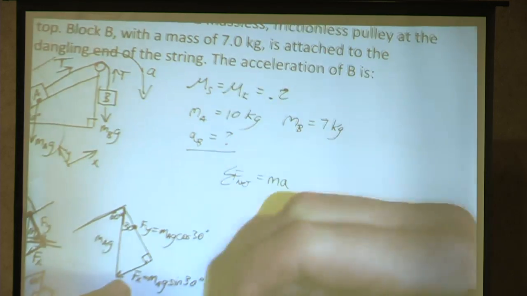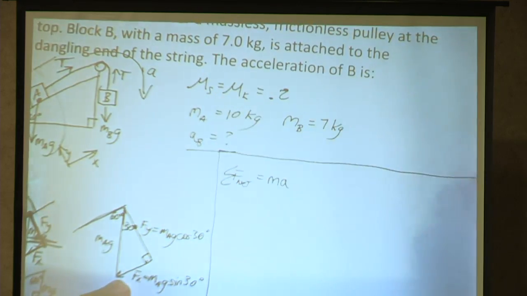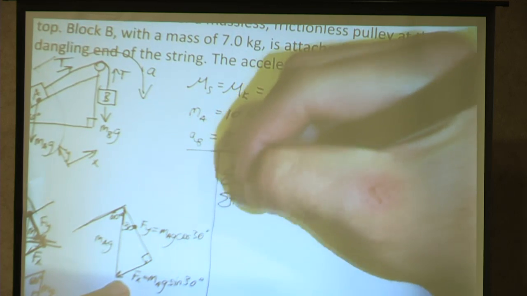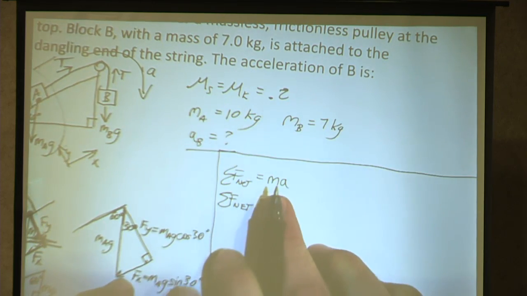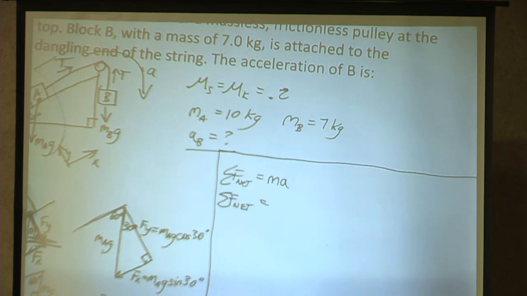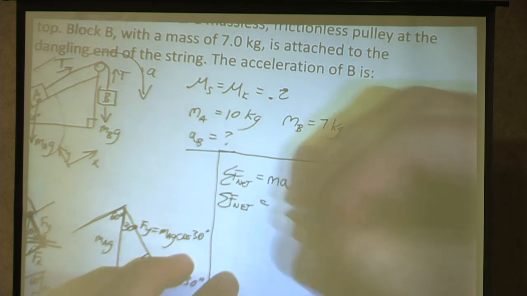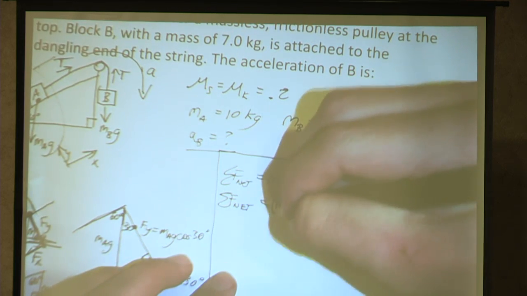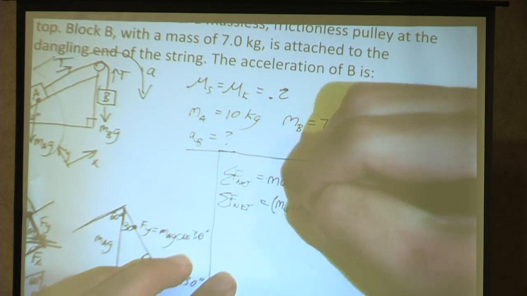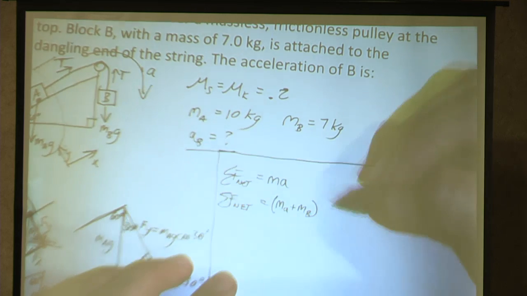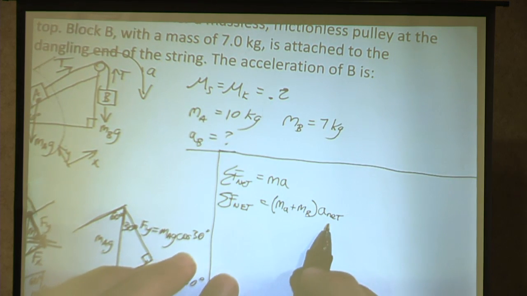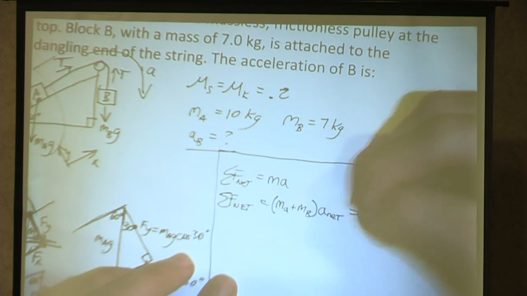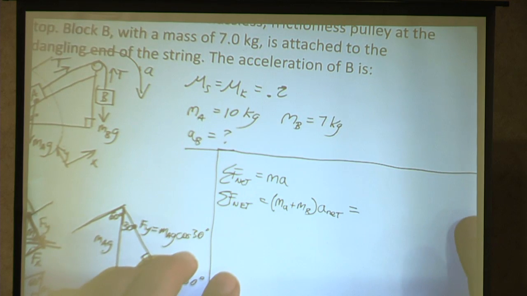So I'm going to rewrite this sum of the net forces. That mass is going to be the mass of the overall system, which will be mass A plus mass B, times that net acceleration. Okay? And that'll be equal to a bunch of stuff.